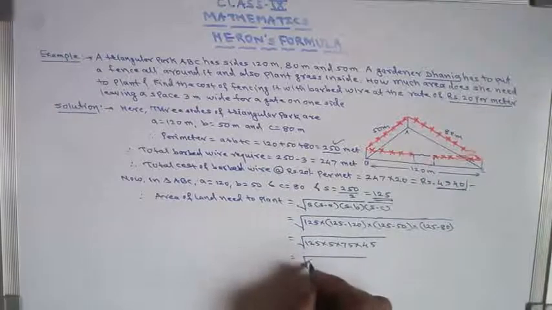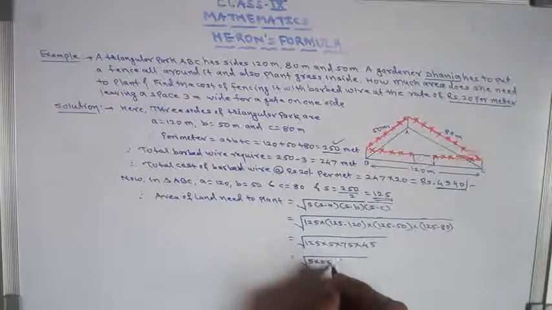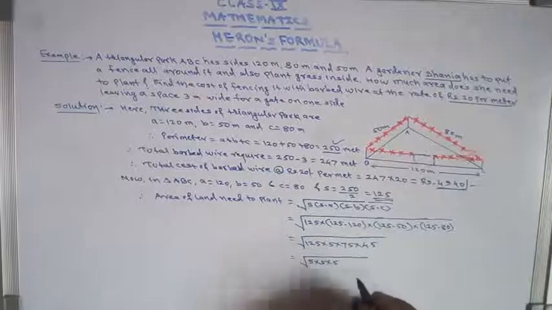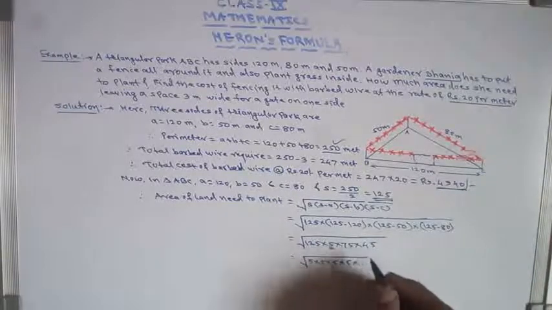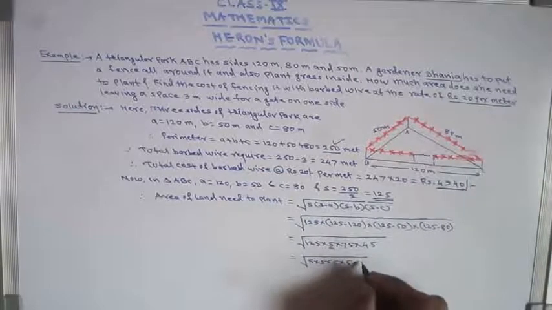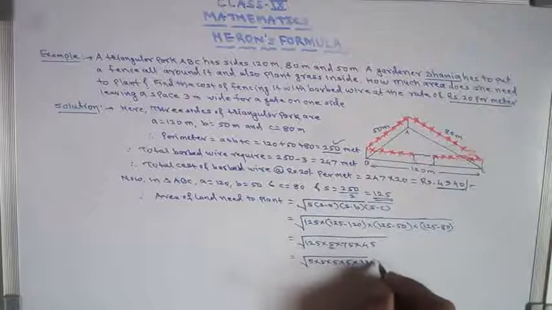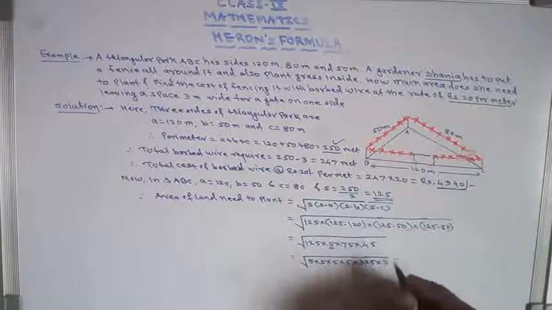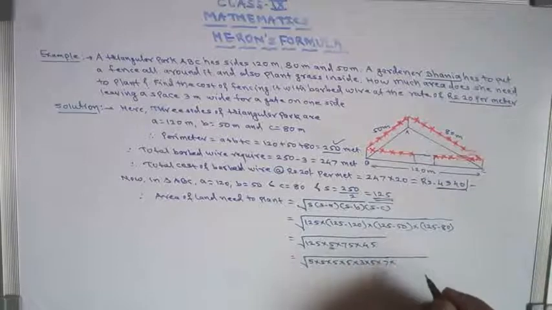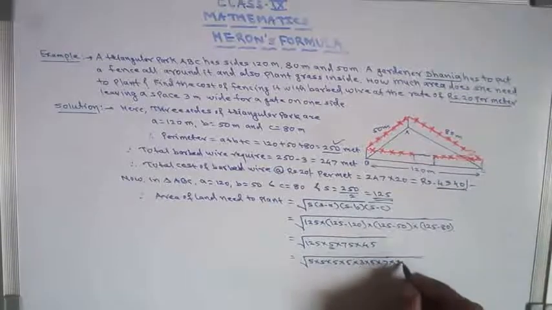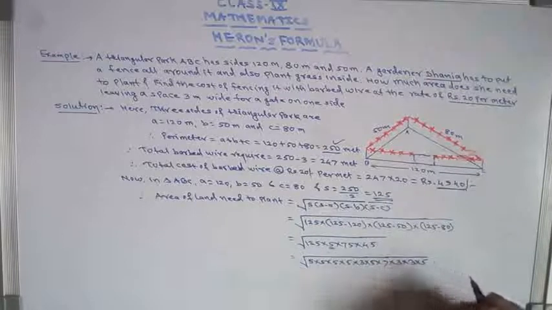Okay, so equals to 125 can be written as 5 into 5 into 5. Okay, then again this 75, 15 into 5, so that can be 3 into 5, and this 45 can be done 9 into 5, means 3 into 3 into 5.